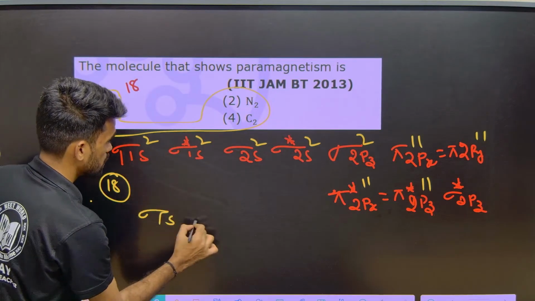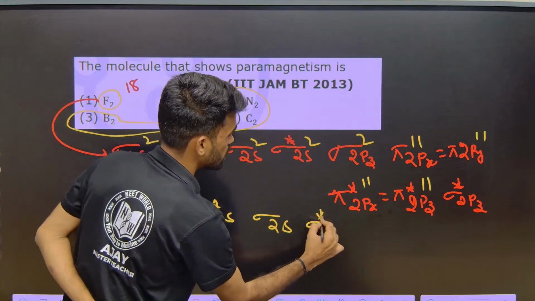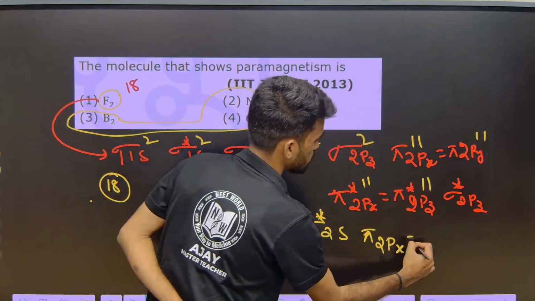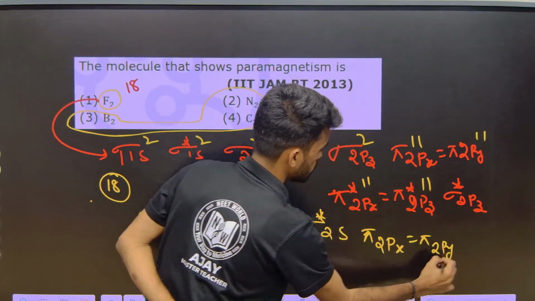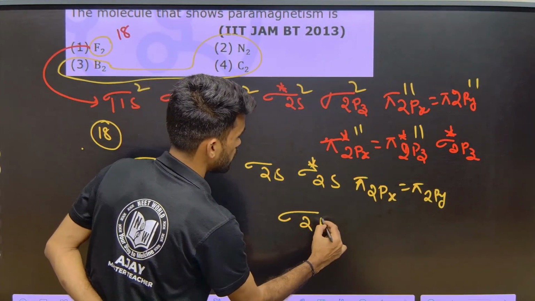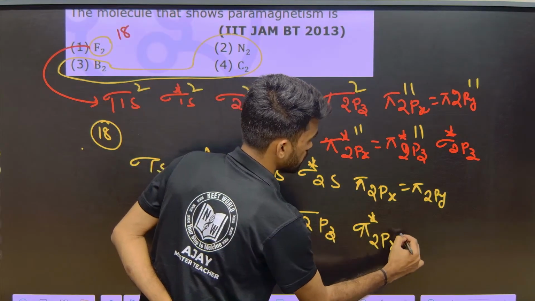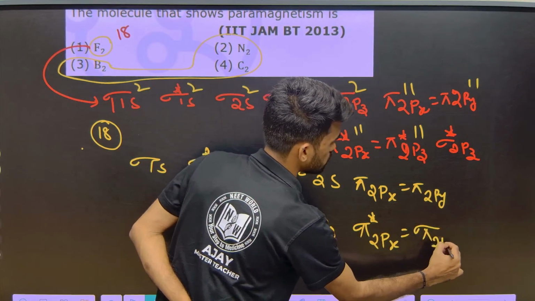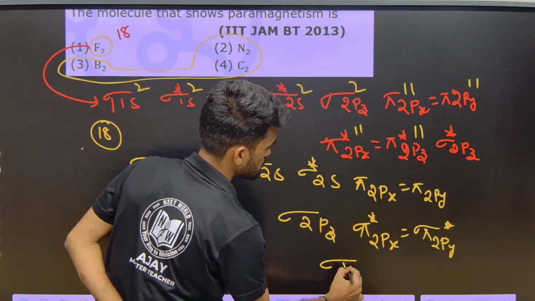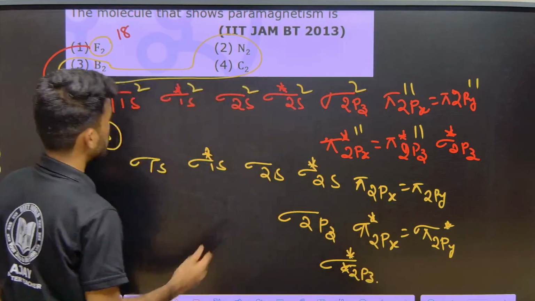Sigma 1s, sigma star 1s, sigma 2s, sigma star 2s, pi 2px, pi 2py, sigma 2pz, pi star 2px, pi star 2py, next sigma star 2pz. Okay, so fill the electrons.